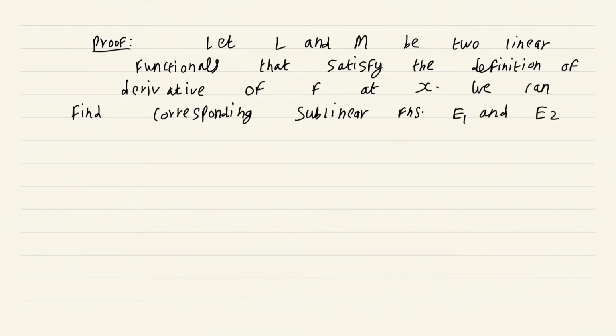Okay, what this means is that f of x plus h minus f of x is equal to Lh plus E1h, where E1 is going to be sublinear. It's also equal to Mh plus E2h.